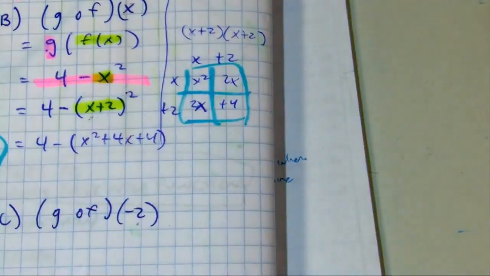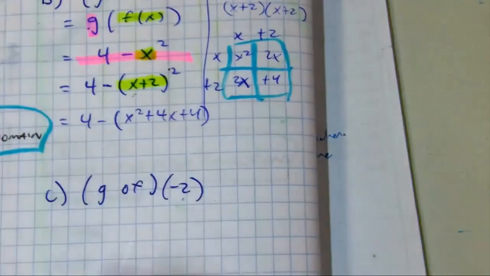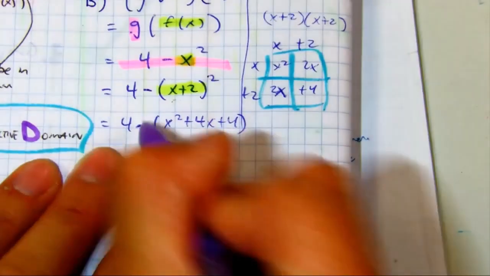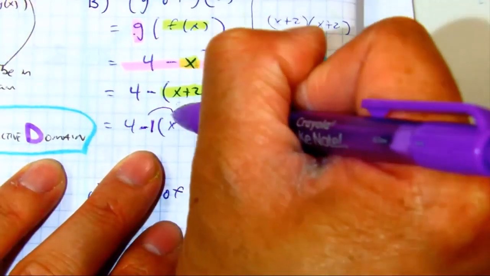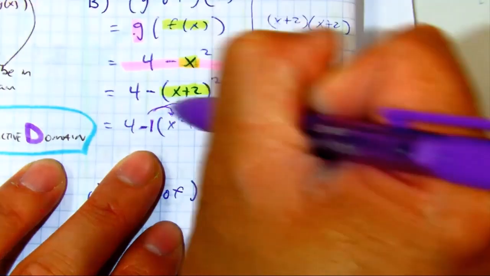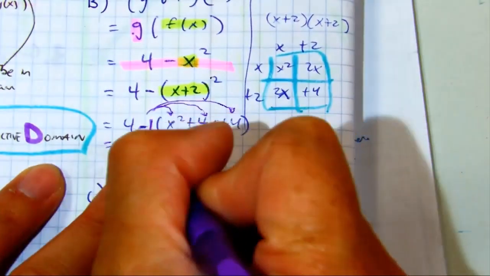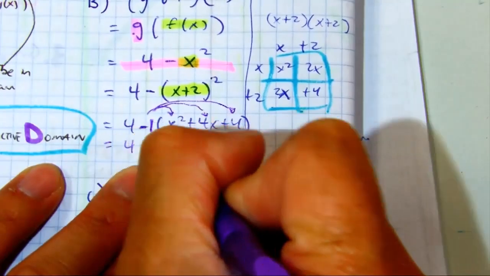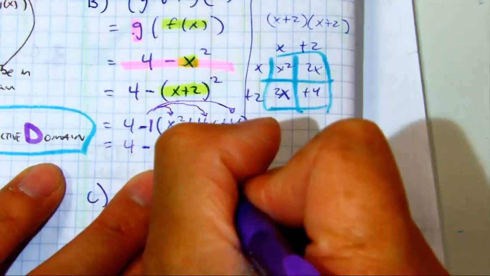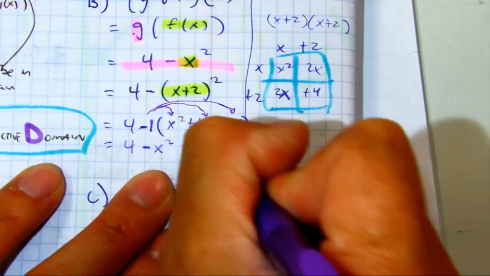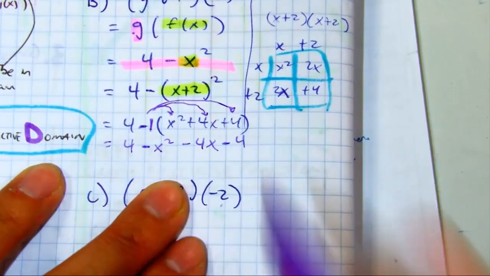Uh-oh, red alert. Minus sign. What do you do with it? You can switch the signs, or you can distribute a -1. So what do I get? Negative x squared. -1 times 4x, class? -4x. And -1 times 4? -4.